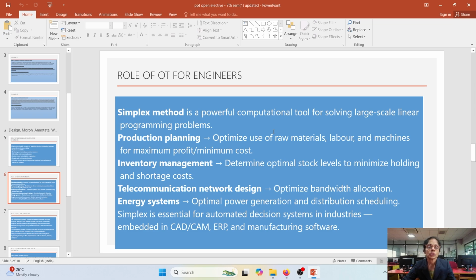Role of the simplex method, second unit, for engineers. The simplex method is a powerful computational tool for solving large scale linear programming problems. It helps in production planning, inventory management, telecommunication network design, energy systems, etc.